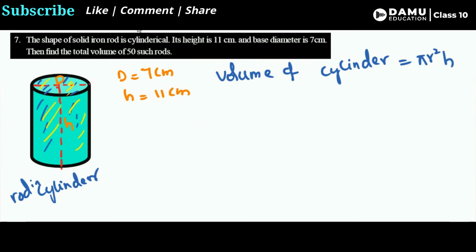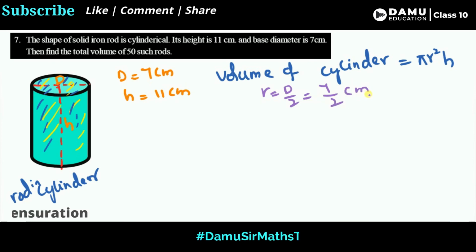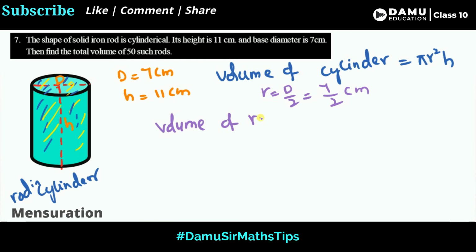Actually the radius r will be equal to d by 2, that is 7 by 2 centimeters. Let's keep it like that. Then the volume of the cylinder and the volume of the rod are both equal. So the volume of the rod will be equal to pi r square h. Here pi is 22 by 7, r is 7 by 2 whole square, h is 11.